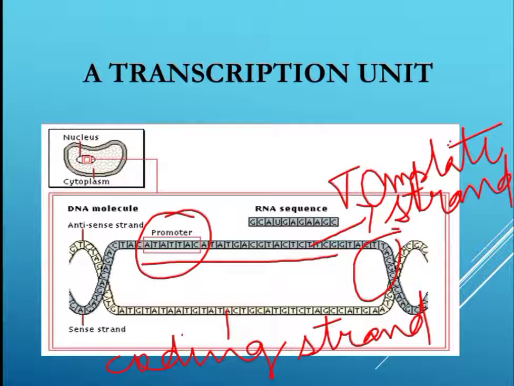That is the promoter. It is located at the 5' end, upstream of the structural gene. Its presence also defines the template and coding strands. The definition of coding and template strand could be reversed by switching the position of promoter and terminator.